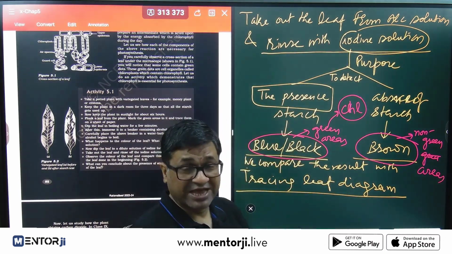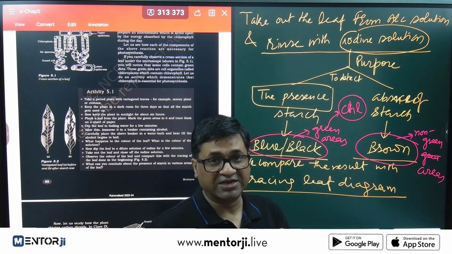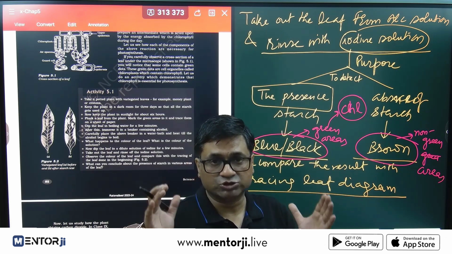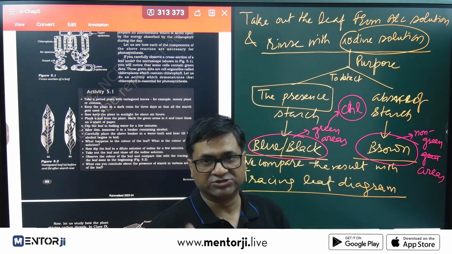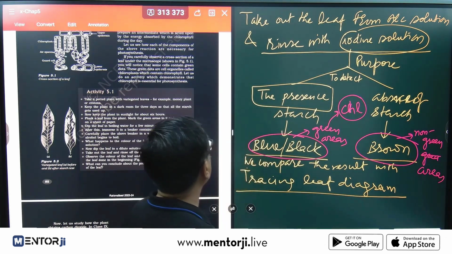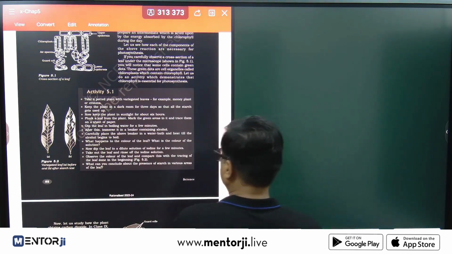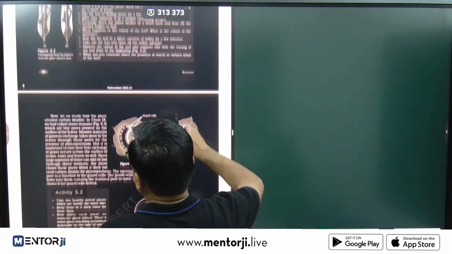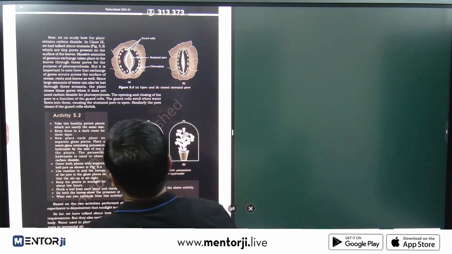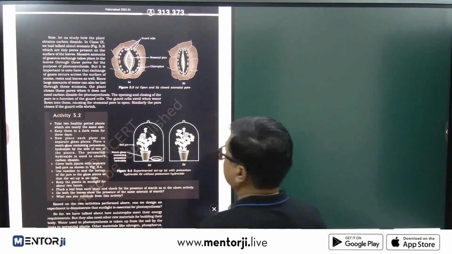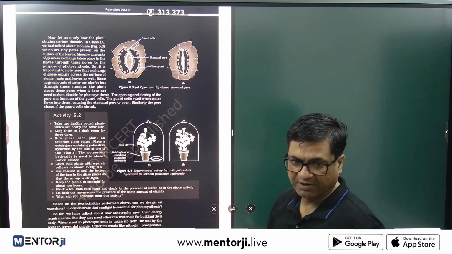We have discussed this activity along with the questions, and that is a very important source for case study based questions. So you must go through this activity very carefully. Next, you can see on the next page the diagram of stomata.